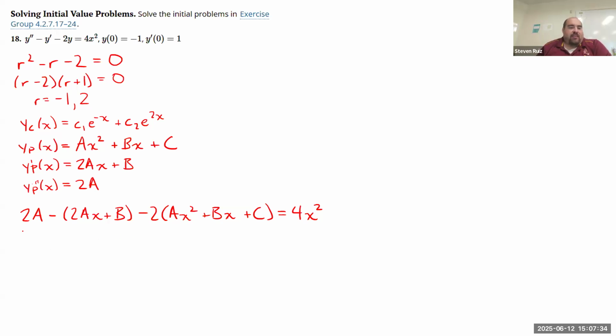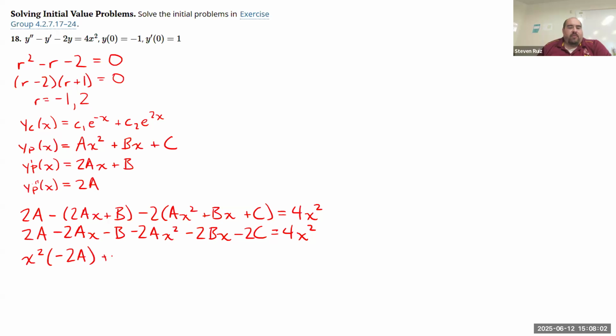So to do that, I'm going to expand all this stuff out. 2a minus 2ax minus b minus 2ax squared minus 2bx minus 2c equals 4x squared. So now I'm going to group these things up by what power of x they have with them. So the x squared term has a negative 2a. What are all my x terms? I have a negative 2a.